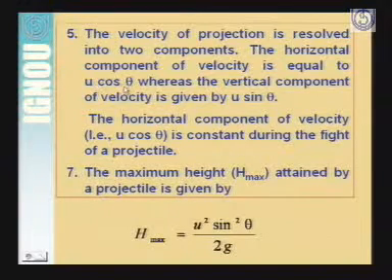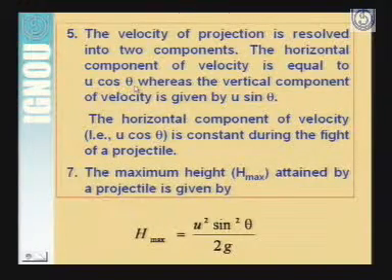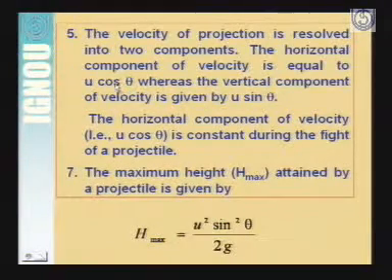So the component of velocity in the horizontal direction is u cos theta, and it will not be affected by the acceleration of gravity. But the vertical component of velocity is given by u sin theta, and it will be affected by the acceleration due to gravity, because acceleration due to gravity is always acting in the vertical direction.